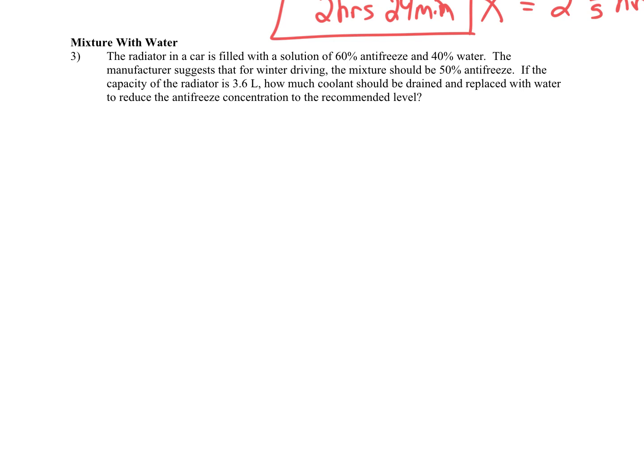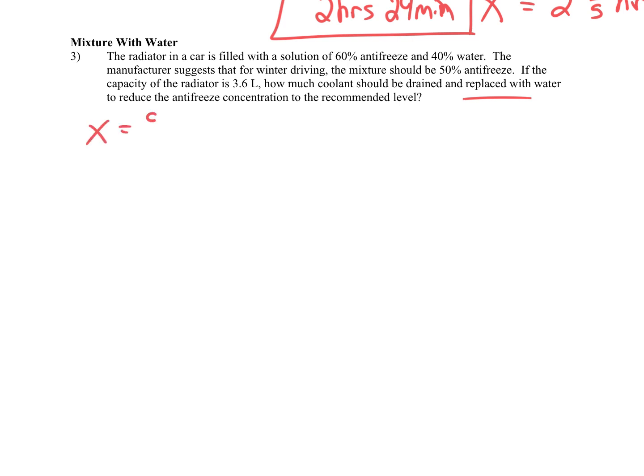So it needs to go down 10%, you're right, but that's not an amount of water. So we're looking for how much has to be drained and replaced. So it's like we have this whole container in the vehicle. We want to drain some of it out and add in water to dilute it and make it less concentrated. So our variable is x.